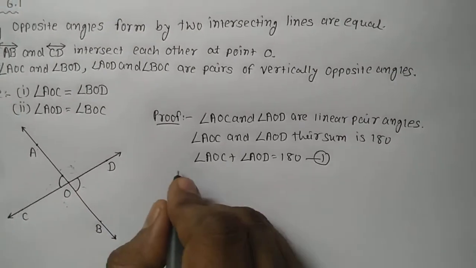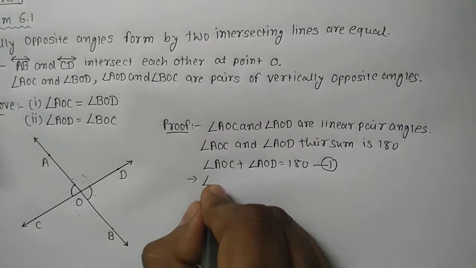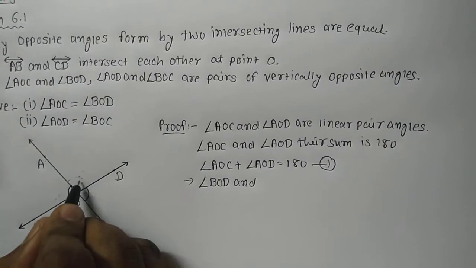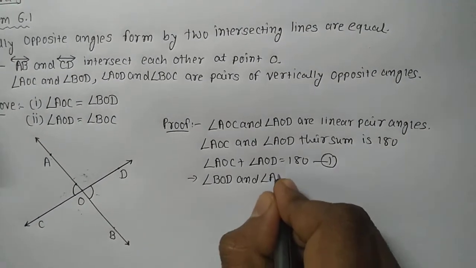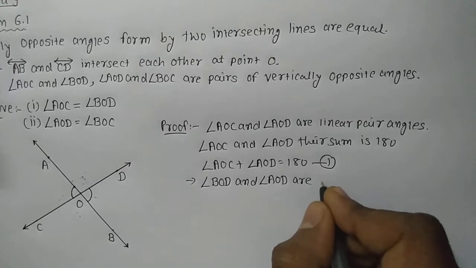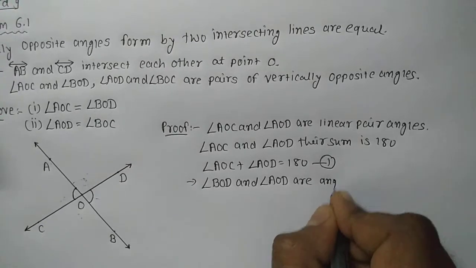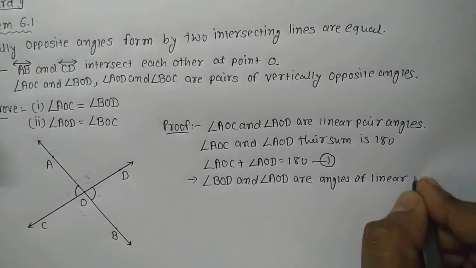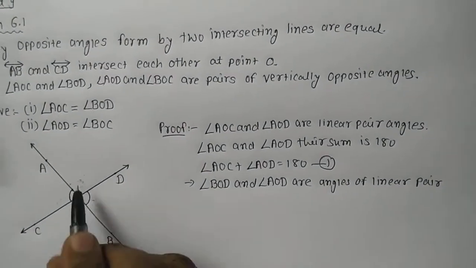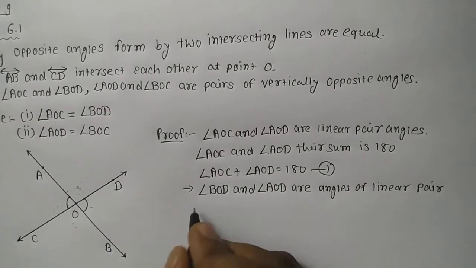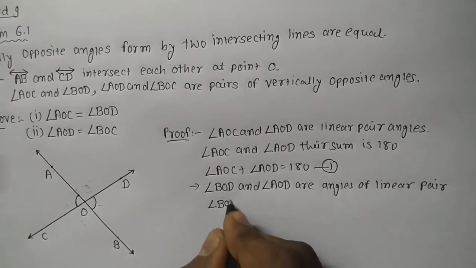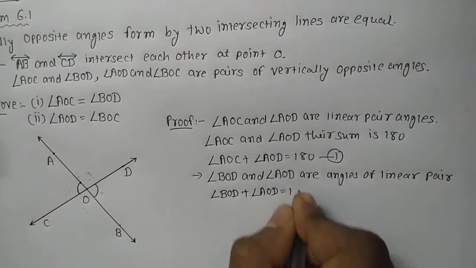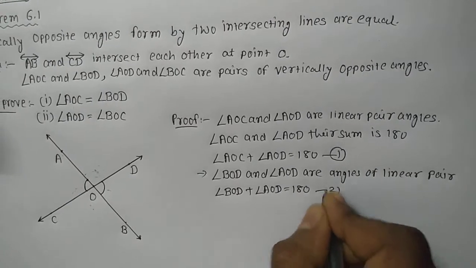So I will write here, BOD and AOD are angles of a linear pair. If they are forming a linear pair, they are also supplementary. So I can say the sum total of both of them will also be equal to 180. So BOD plus AOD is also equal to 180. Let me say this is equation number 2.